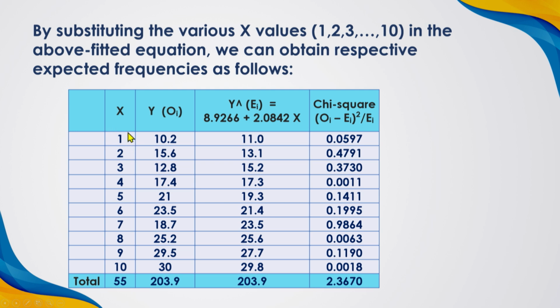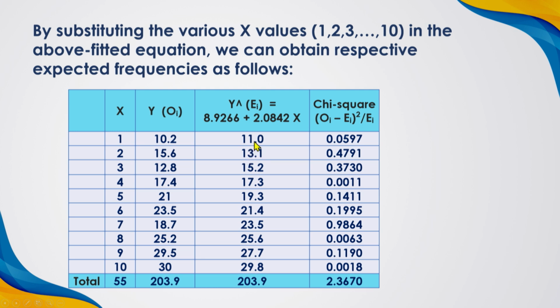Now by substituting this x value 1, you obtain 8.9266 plus 2.0842 into 1. In the place of x you substitute 1, then you get your first expected value, that is 11. Then you substitute your second value 2, that is 8.9266 plus 2.0842 into 2. By substituting here you obtain the second expected value as 13.1.